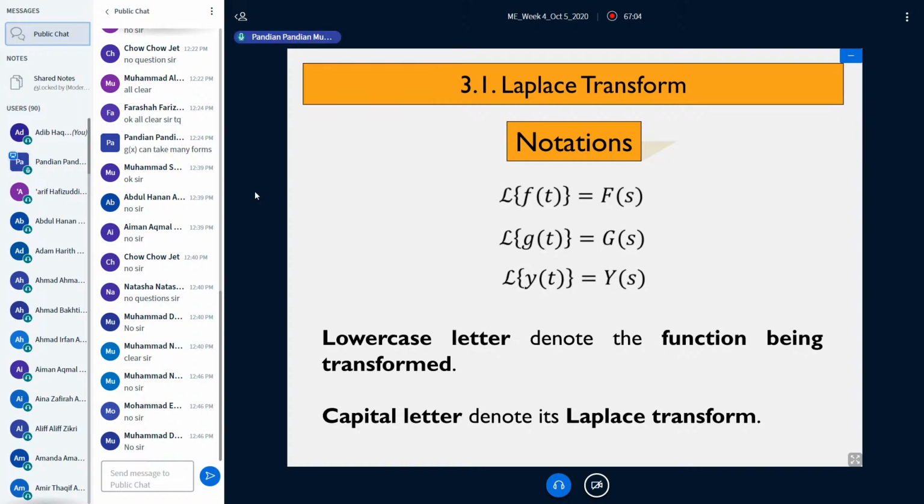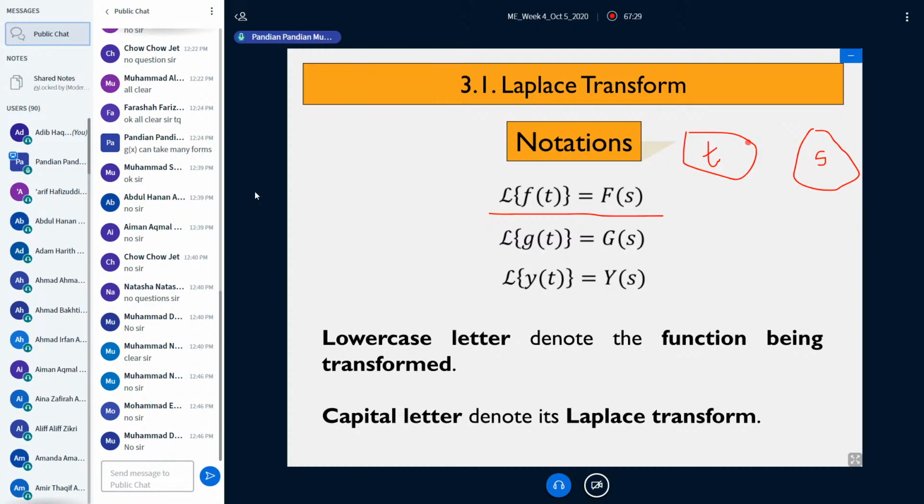So first you must familiarize yourself with the notation. The Laplace of f(t), this input, the output is F(s), capital F(s). That means you are in the t domain. This is the t domain, yeah? And then this is your s domain, so I put s here.